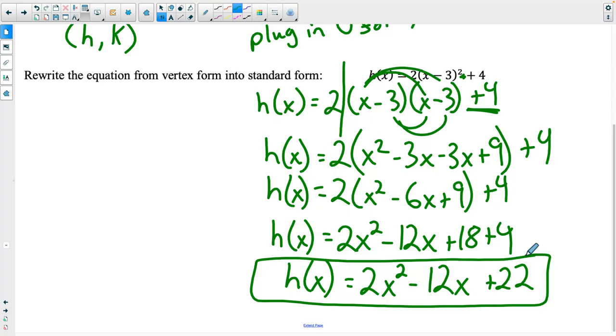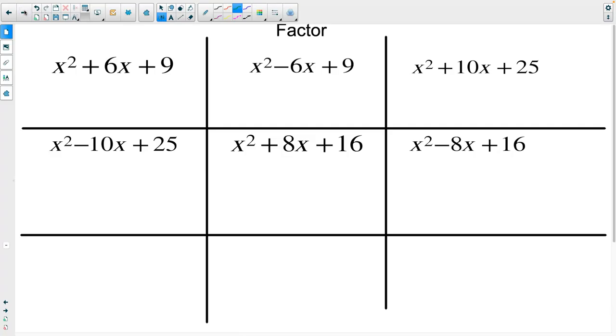You've seen and done stuff that looks like this, right? You've distributed, you've done that before. This is a little bit new, and so I'm actually going to talk about these first. Let's factor this really quickly, okay? What does this factor to? Three and 3.